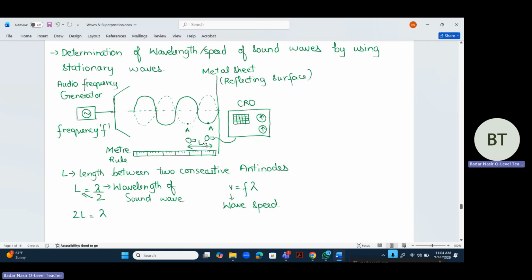This length L will be equal to lambda over 2 because length L is the length between two antinodes. और antinode to antinode in terms of wavelength क्या होता है lambda over 2. So ये 2 को उधर जाके multiply कर दोगे तो you will get the wavelength of your sound wave. Then use the formula V equals to F lambda, and you know the frequency and the wavelength. You can calculate the speed of sound as well.